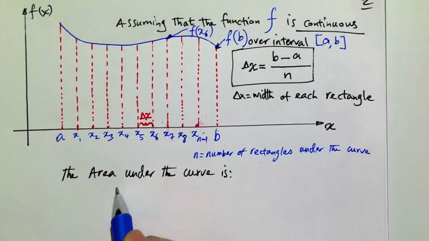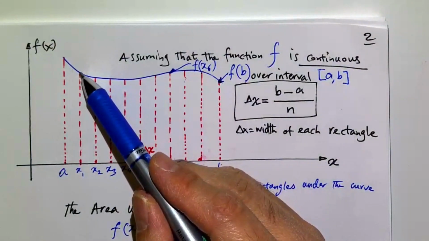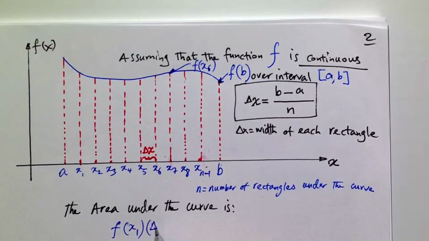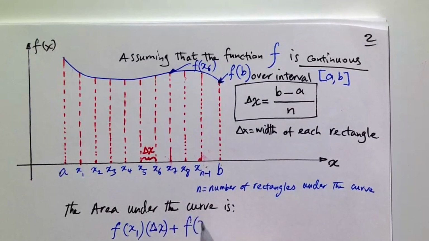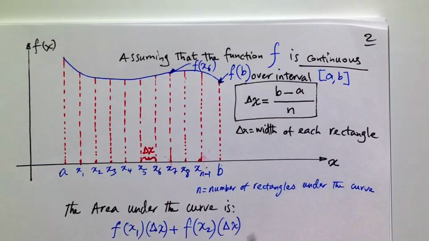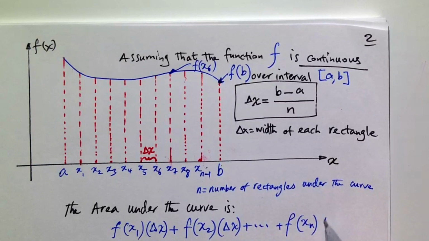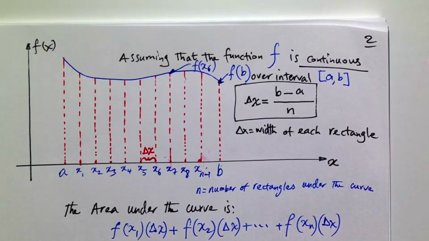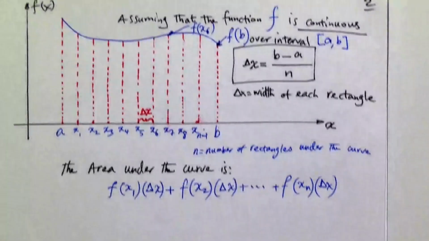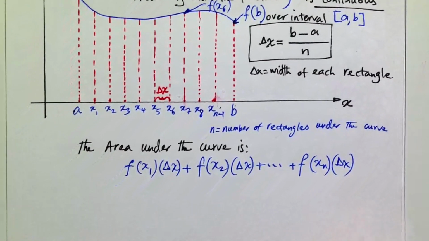Okay, so then we have f of x1, let's say that value, the function at that point, times the delta x, right? And then plus the function value at x2 times delta x, and so on. And then plus the function at n times delta x. Okay? All right. And this whole thing, we've learned about limits so far.